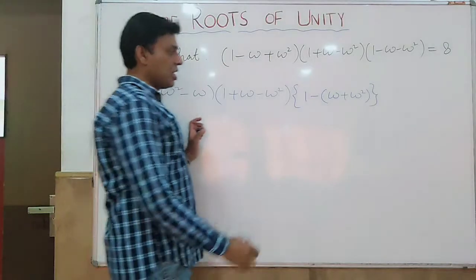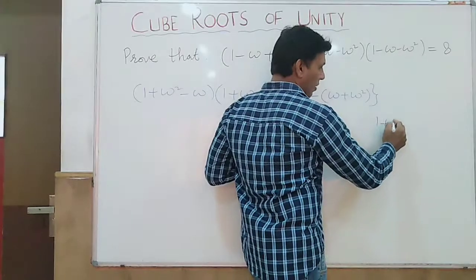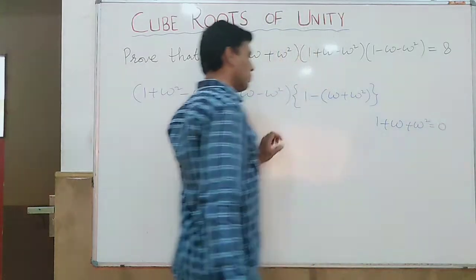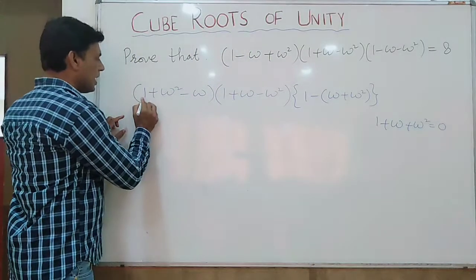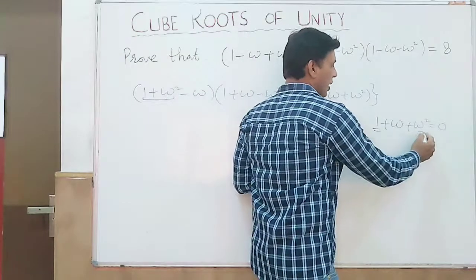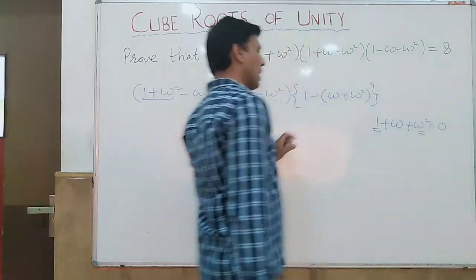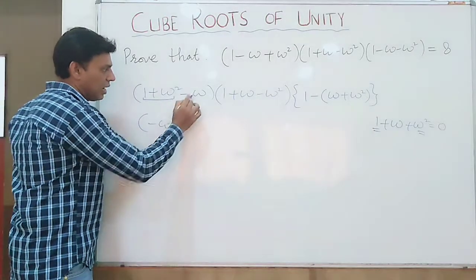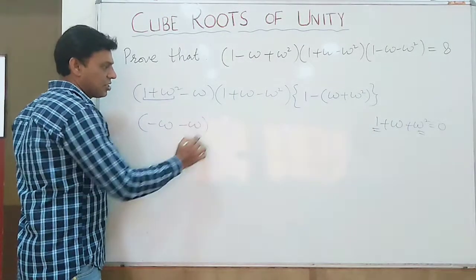Okay, now see the property, 1 plus omega plus omega square equal to 0. So in place of 1 plus omega square, we can write minus omega. So 1 plus omega square can be written as minus omega, the other bracket as it is.